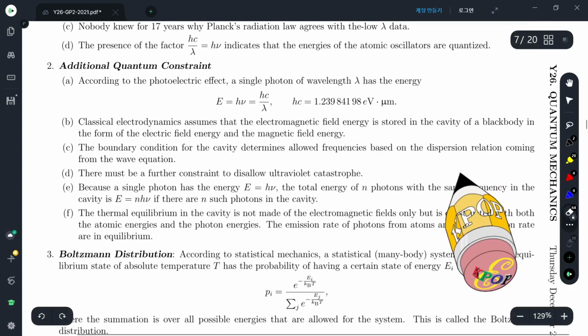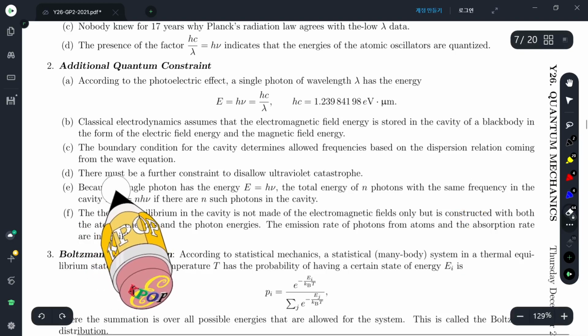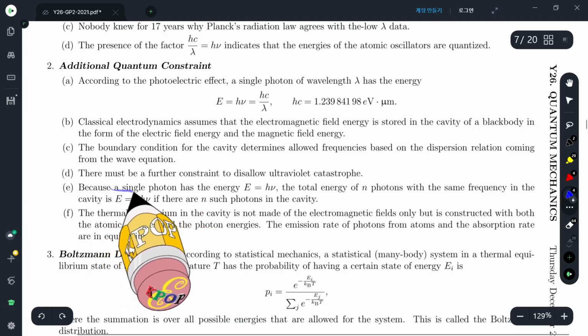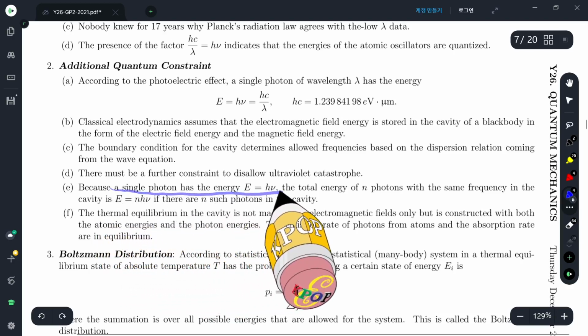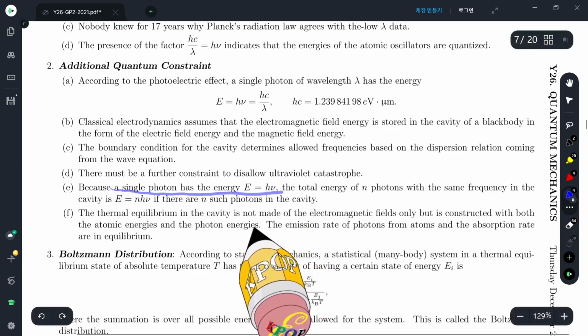But finally, some computation based on quantum analysis showed that a single photon has the energy of h nu. We now know this based on the photoelectric effect, and we have confirmed it based on Compton scattering.